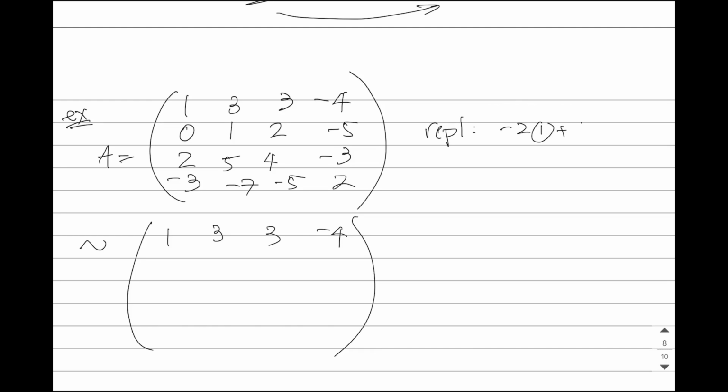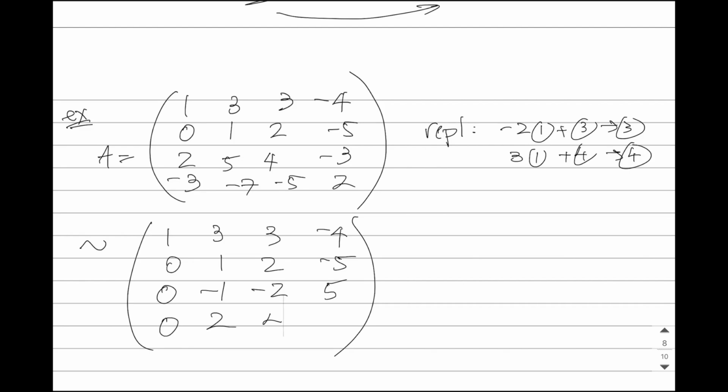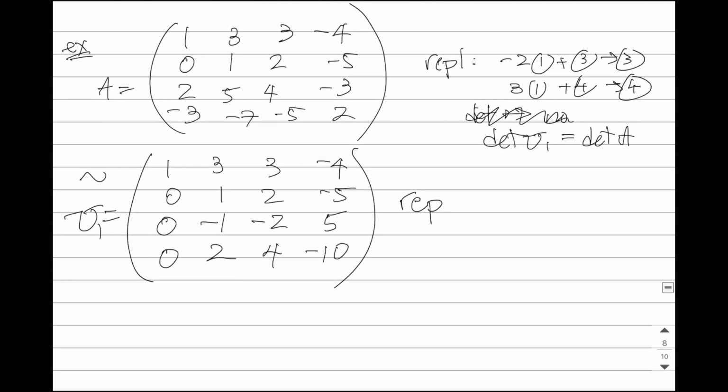I'm going to take -2 bunches of row 1, add it to row 3 to make the new row 3. I'm going to take 3 bunches of row 1, add it to row 4 to make the new row 4. 0, 1, 2, -5, -1, -2, +5, 0, 2, 4, -10. So if I call this matrix U1, the determinant of U1 will be exactly the same as the determinant of A. There'll be no change there.